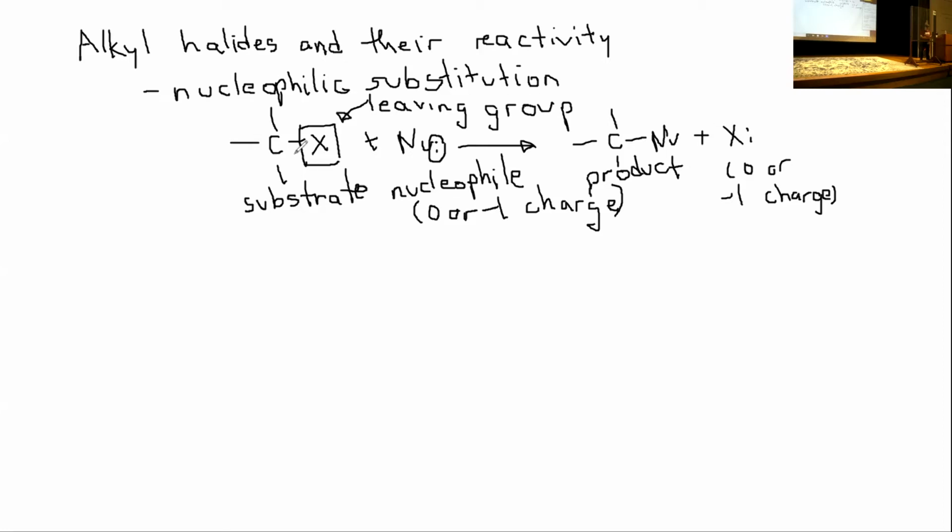There are many types of reactions that one can conceive of, and we'll go over a number of examples that fall into the category of nucleophilic substitution reactions. Now, there is another class of reactions that alkyl halides undergo in general, and these are called elimination reactions.